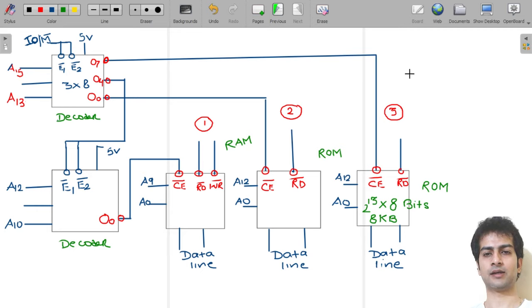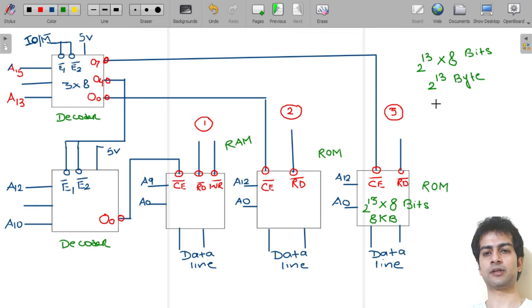I think now all these things are clear to you, but still I will explain once more. 2 to the power 13 into 8 bits. If I consider bits, and if I want to convert these bits into bytes, then I can say it is 2 to the power 13 bytes, as 1 byte is equal to 8 bits.